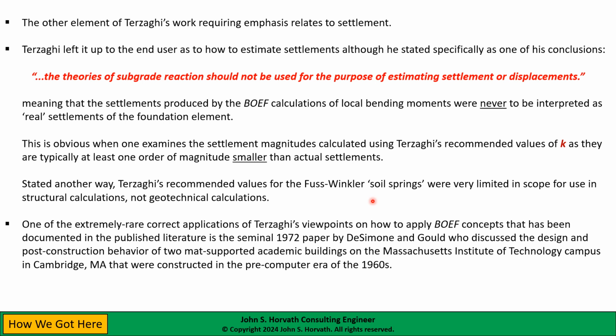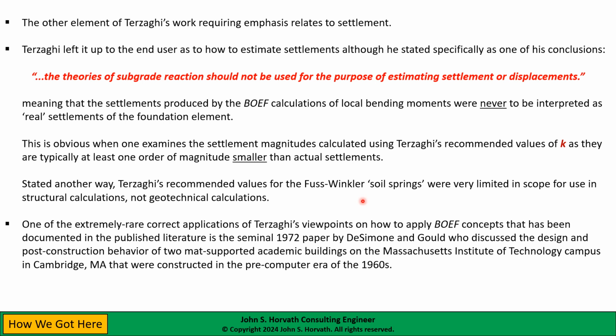Now, based on my doctoral research as well as continual research I did up to a few years ago when I published my 2020 monograph on subgrade modeling and models, one of the very rare correct applications of Terzaghi's viewpoints on how to apply the beam on elastic foundation concept, that is for local bending moments only, was published in an ASCE seminal 1972 paper by D'Appolonia and Gould of Mueser-Rutledge, now MRCE engineers.